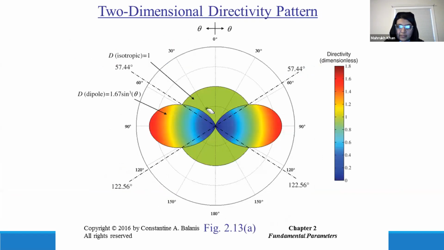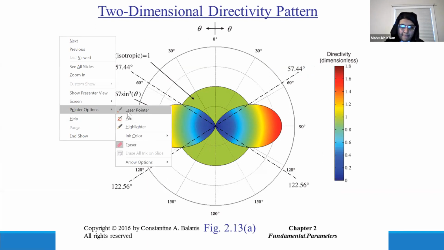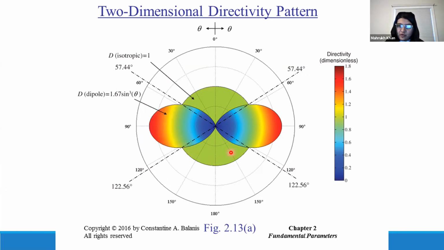But let me show you another thing. If you see this one, right? This is the comparison of an isotropic radiator and a radiator with directivity, right? So this is your isotropic radiator with directivity equals to 1, right?